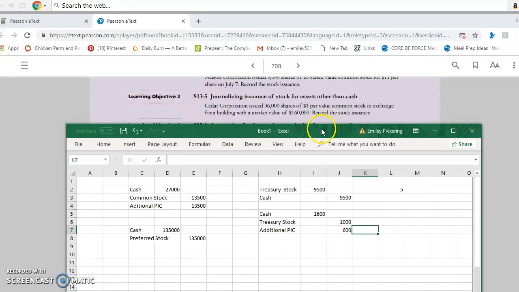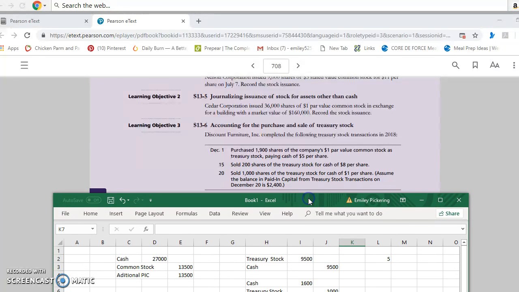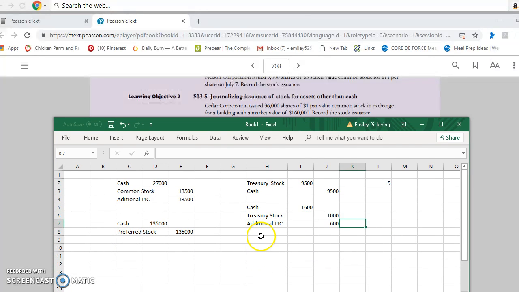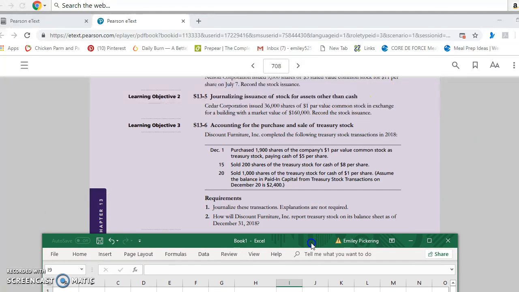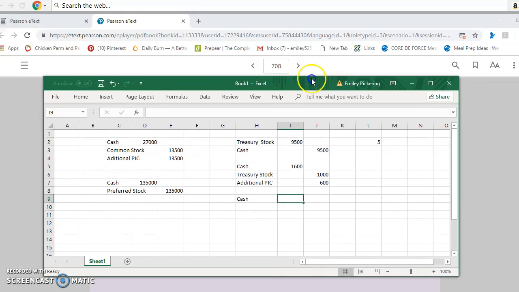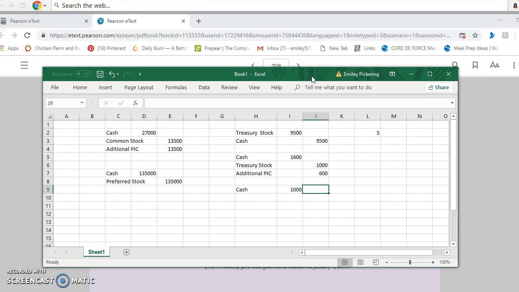Okay, so then we sold 1,000 shares of treasury stock for cash of $1 per share. And we're going to talk about this balance in a minute. So let's calculate our cash. It was 1,000 shares at $1 per share, so $1,000 is what we received.